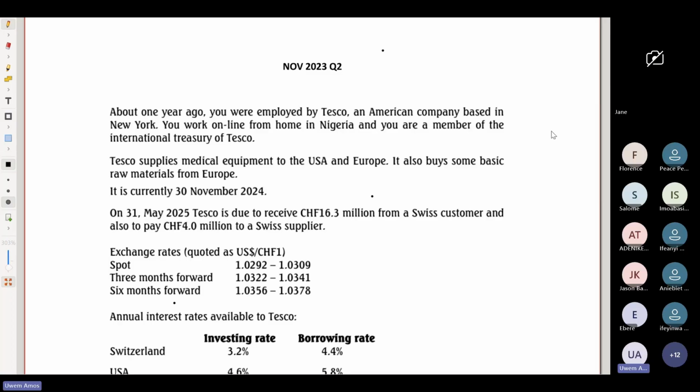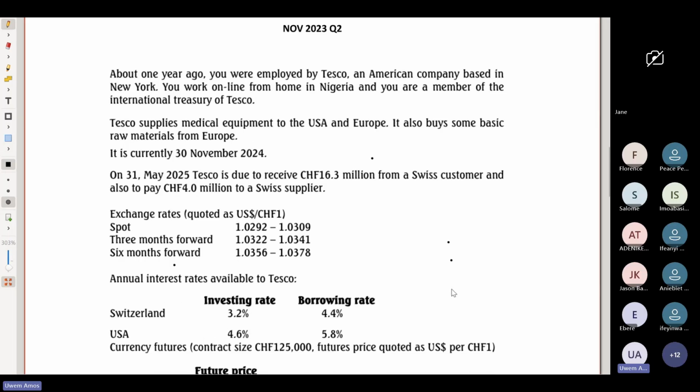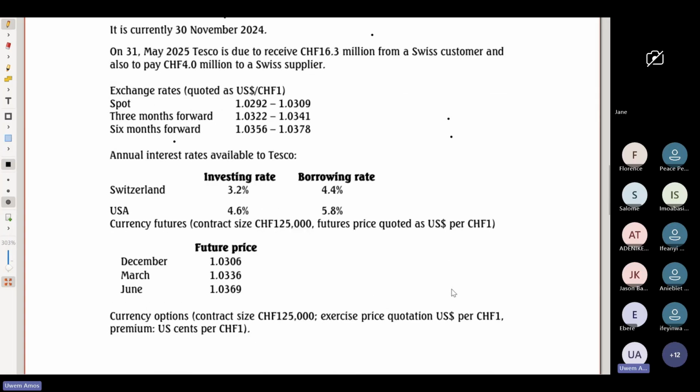Annual interest rates available to Tesco, so you'd have interest rates given to you. Currency futures contract size 125,000, futures price quoted as USD per CHF1. We have the futures price for December, March, and June.